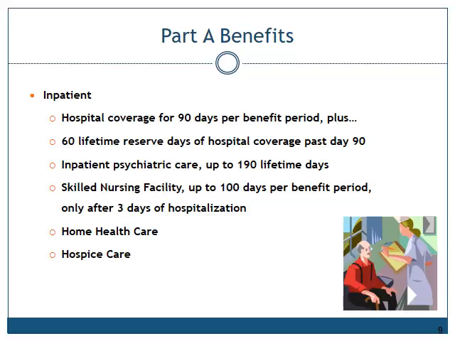Inpatient hospital coverage for 90 days per benefit period, plus 60 lifetime reserve days of hospital coverage past day 90. Inpatient psychiatric care, up to 190 lifetime days. Skilled nursing facility, up to 100 days per benefit period, only after 3 days of hospitalization. Home health care, hospice care.